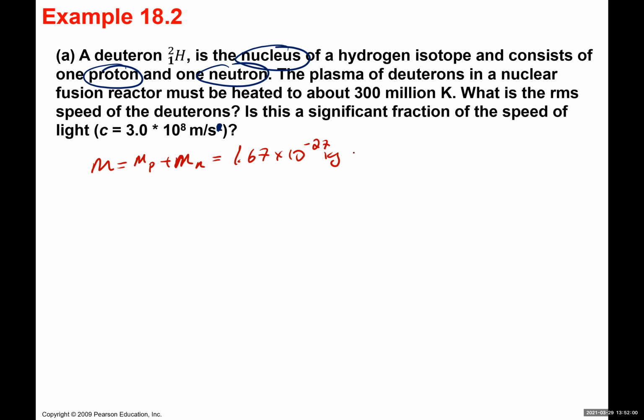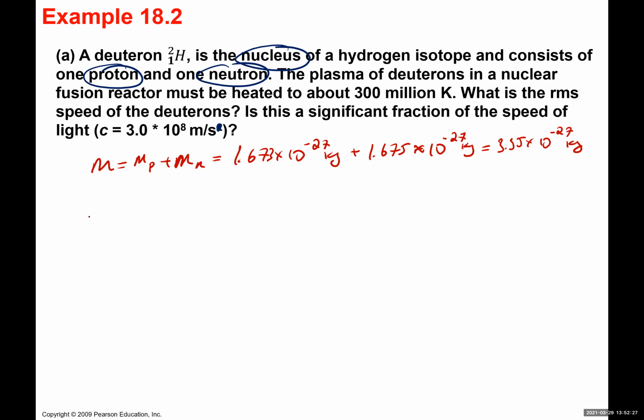Again, those are available in tables. Plus the mass of the neutron, which is very identical to the proton but slightly heavier, is 1.675 times 10 to the negative 27 kilograms. Combined together, the mass of this nucleus is 3.35 times 10 to the negative 27 kilograms. So we got the mass.